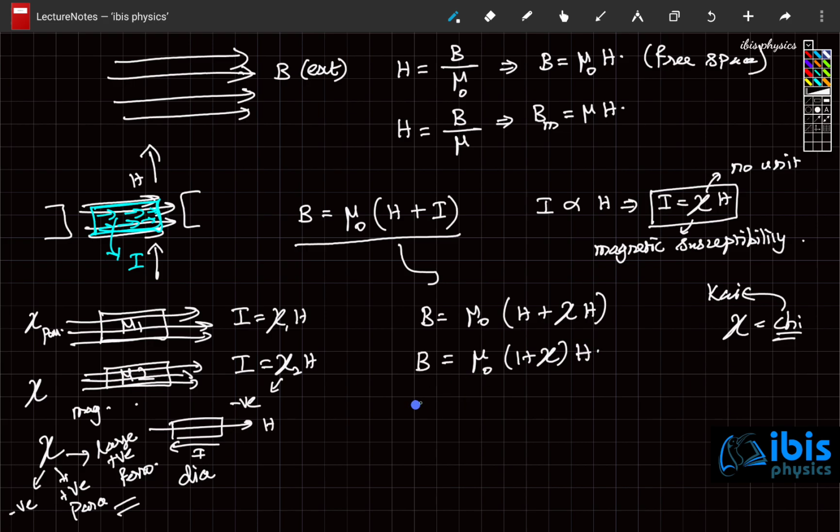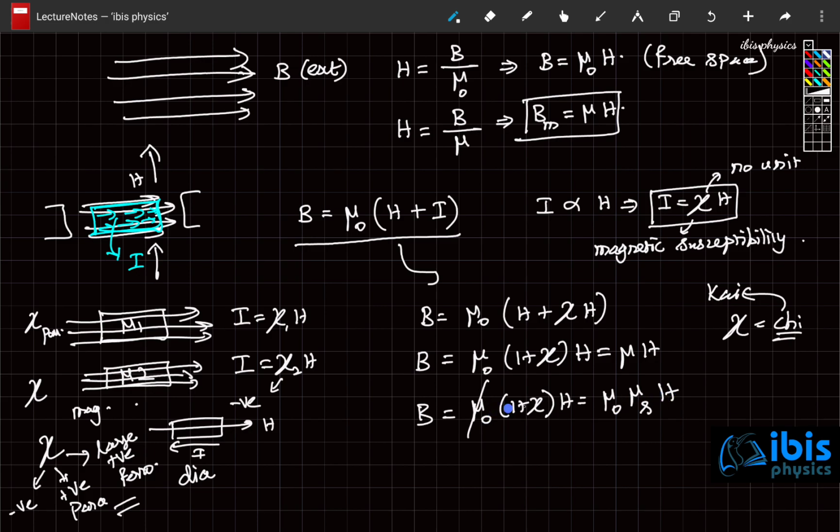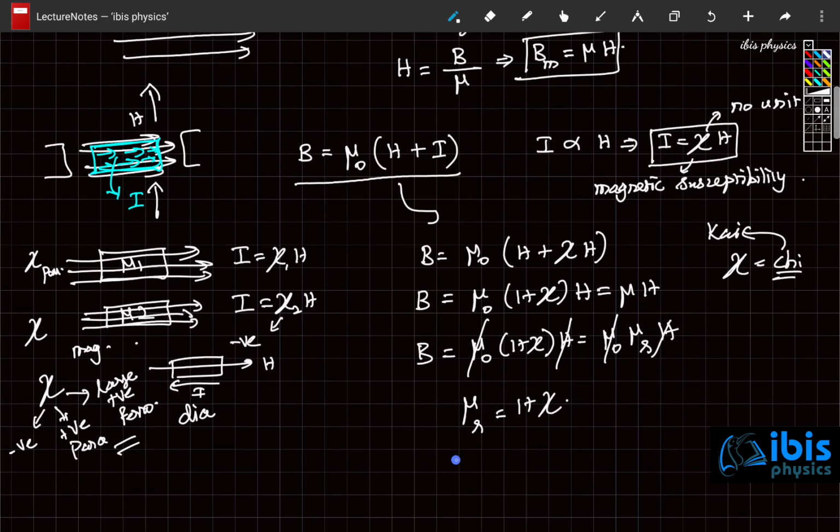So this is B, the magnetic field with the material. We have discussed that the magnetic field with the material is mu times H. Hence this can be written as mu times H. So this is mu naught 1 plus chi into H. Mu is mu naught times mu r into H. Comparing these two, the relative permeability of the material equals 1 plus chi.